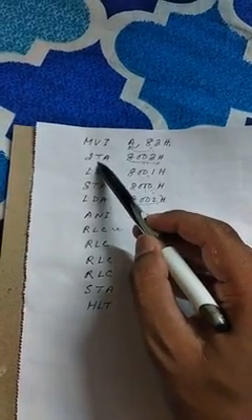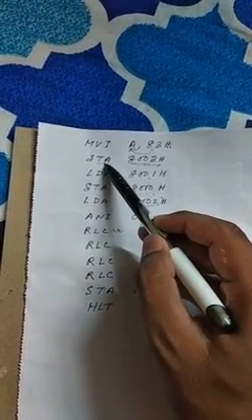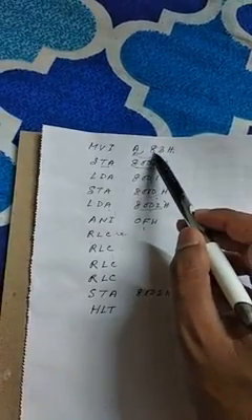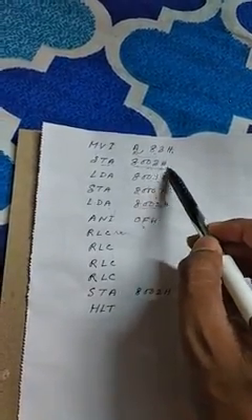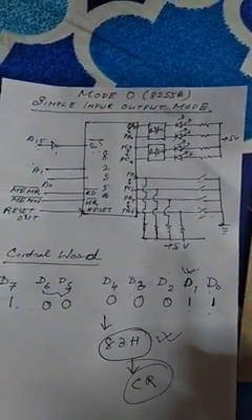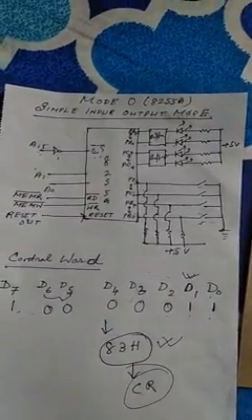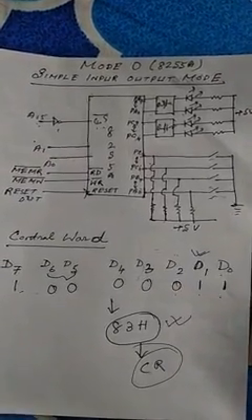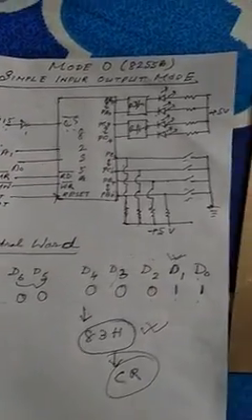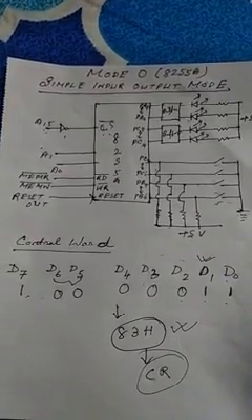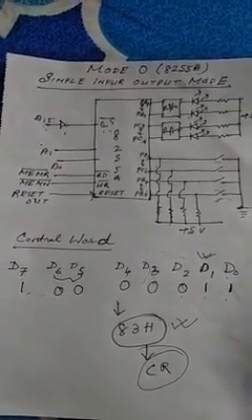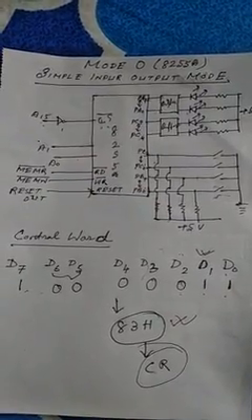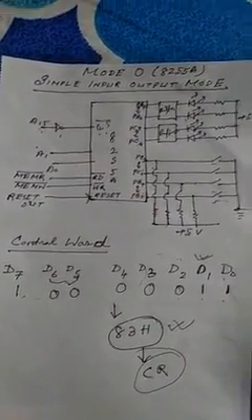Then by using STA we will send the 83H into the control register. The address of the control register is 8003. We already discussed this in the memory mapped IO technique, and the address of port A is 8000, port B 8001, and port C 8002.